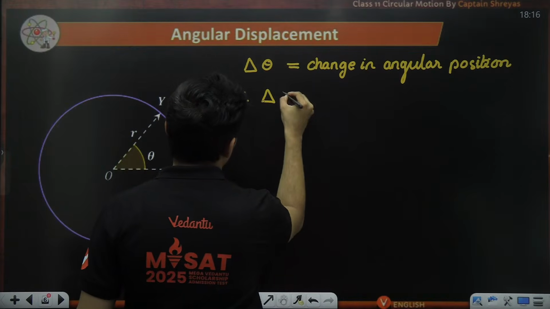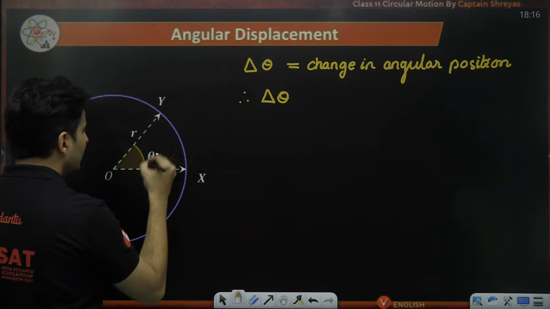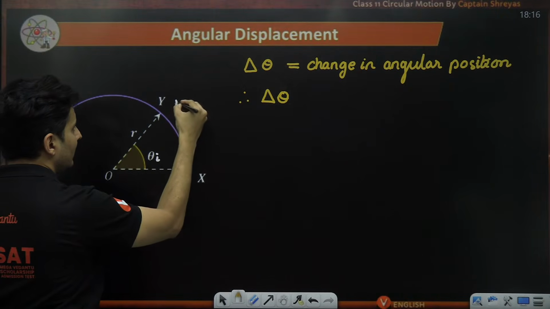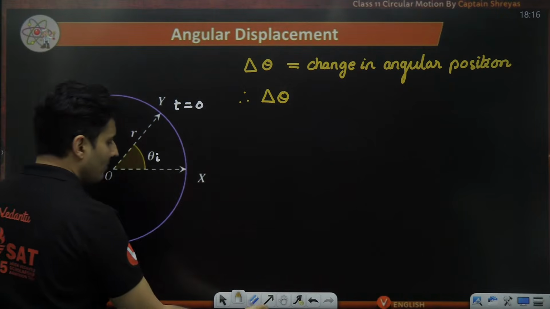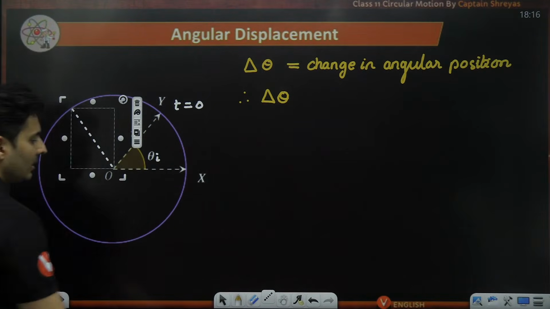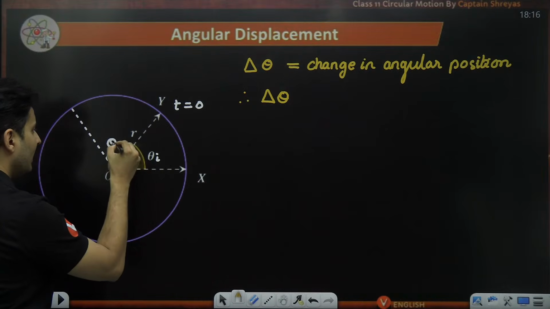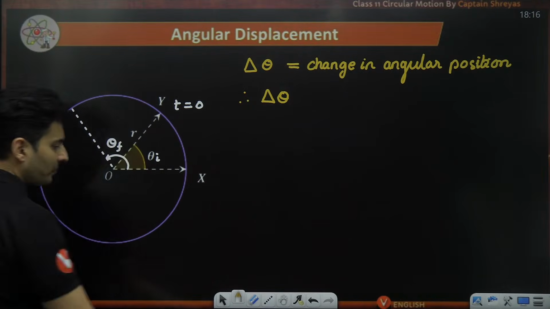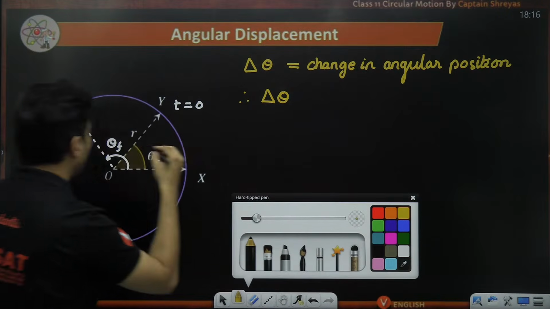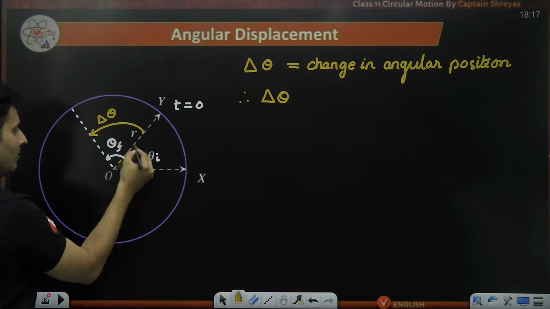So imagine this: right now the angular position is theta initial, at t equal to 0. After some time this particle comes over here, so this becomes my final angular position. Then this particular angle that you see over here becomes delta theta, final minus initial.